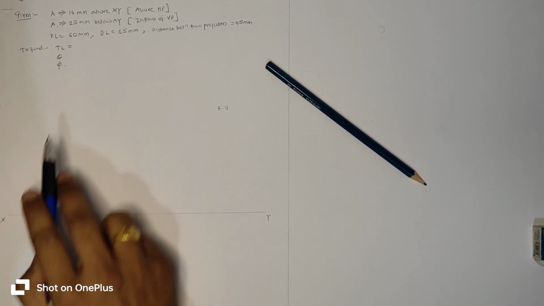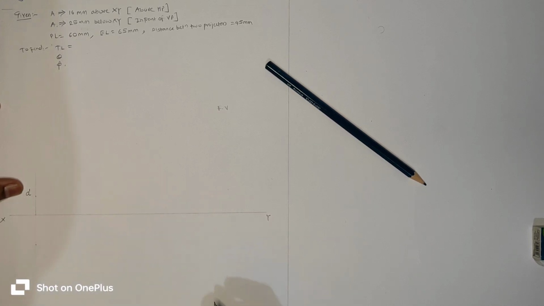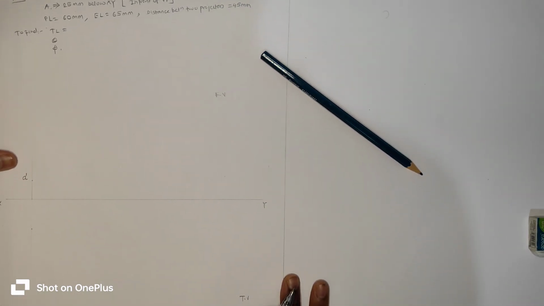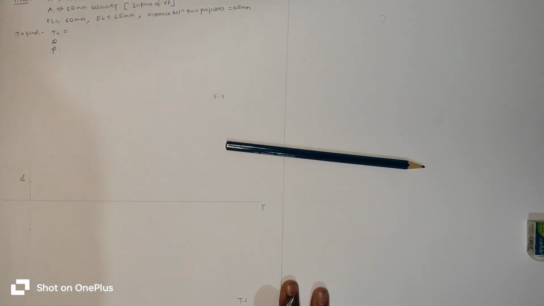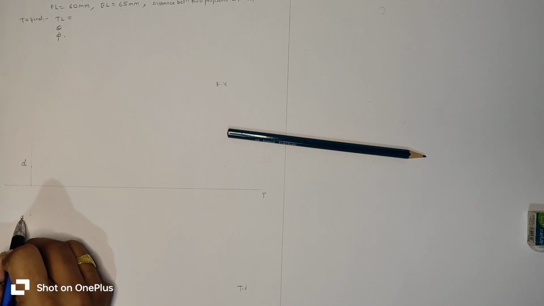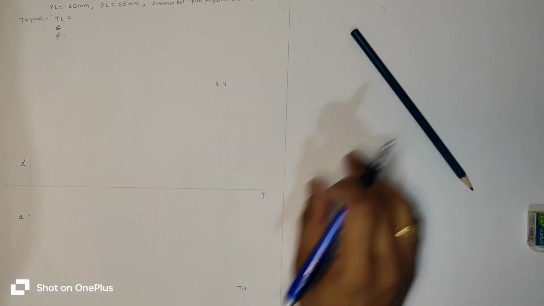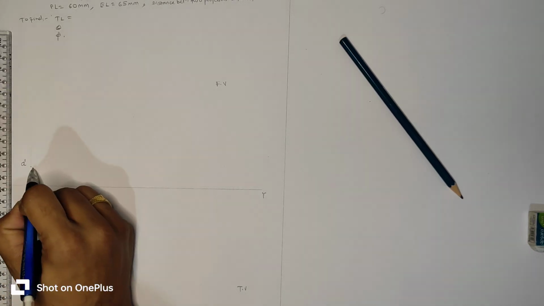I will mark point A in front view as small a dash, and in the top view area we will mark the point with small letter without dash. Now these are 2 points.